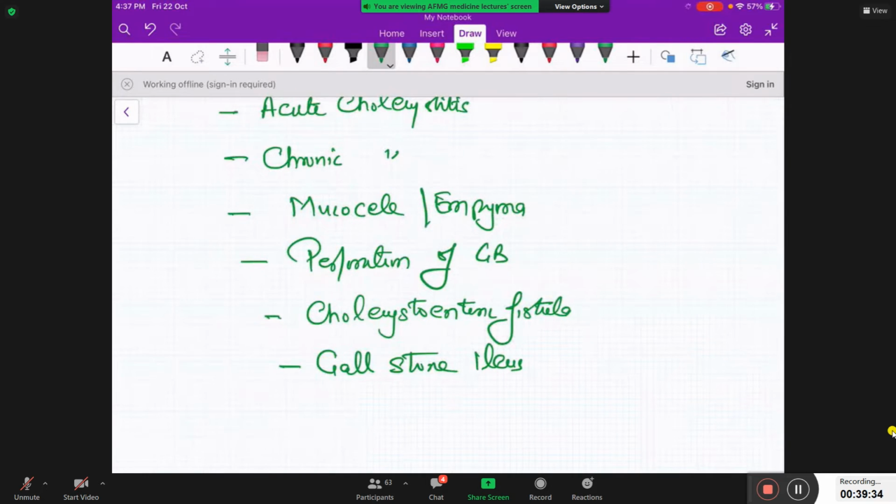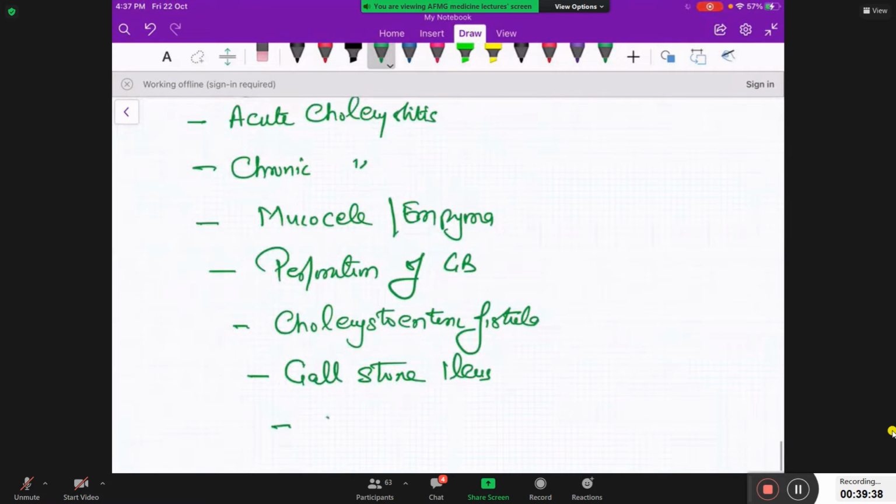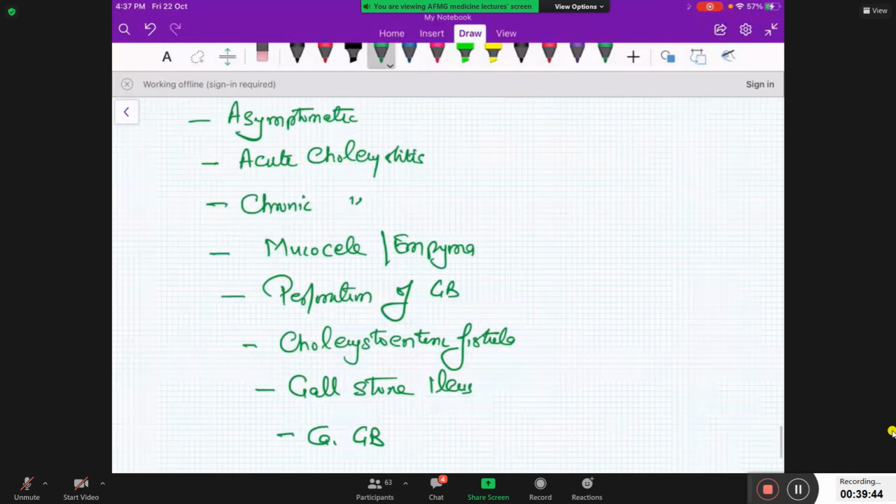Perforation होगा तो peritonitis हो जाएगा. Gallstone ileus also. One can also develop carcinoma gallbladder due to gallstones, and one can also develop CBD stones because of gallstones. One can also develop acute cholangitis.